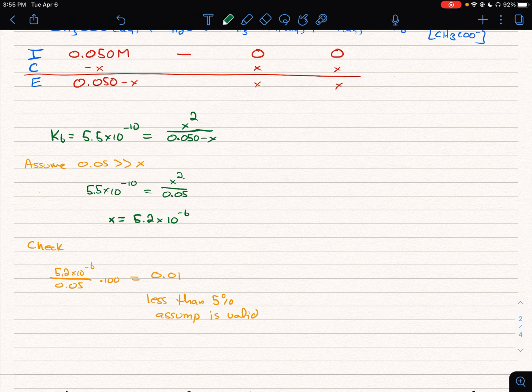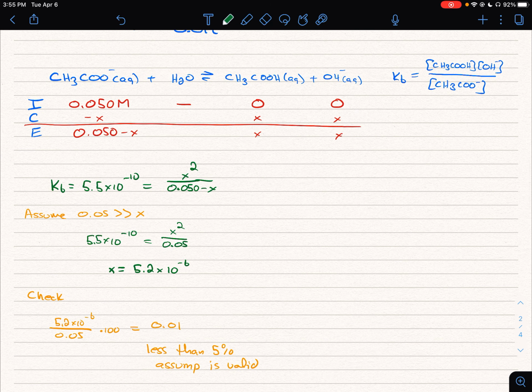Which means we can now get back onto saying, well, this is x, and we know from our equation, here's x, so we can see the concentration of hydroxide we have defined to be x.